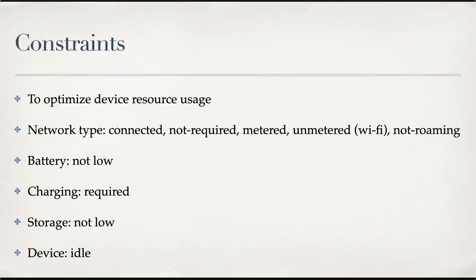So the idea behind constraints is to provide additional configuration to the work request such that when the work request is executed, it's not too bad on the resources of the device.